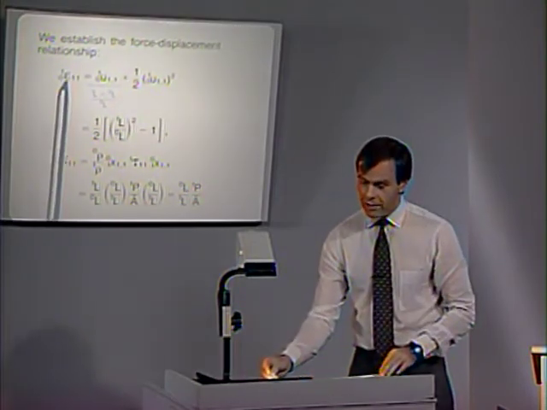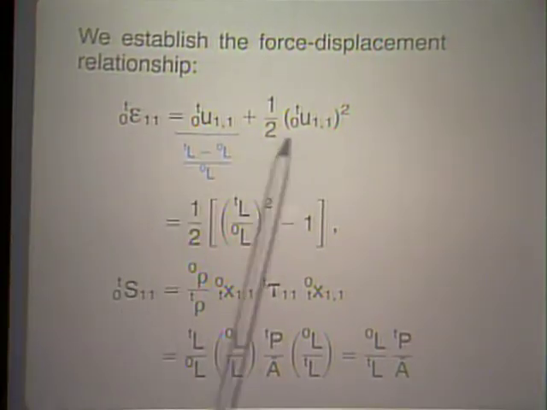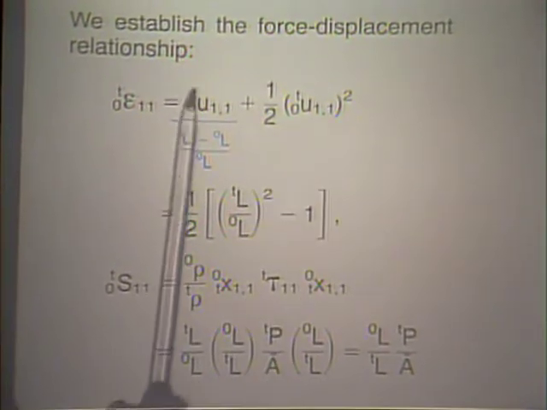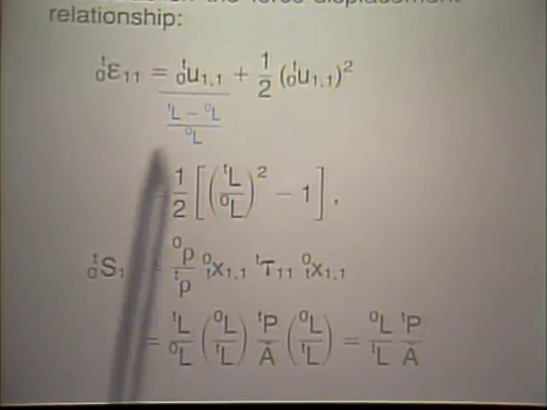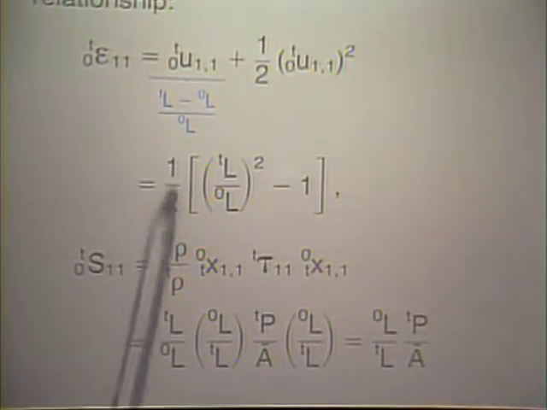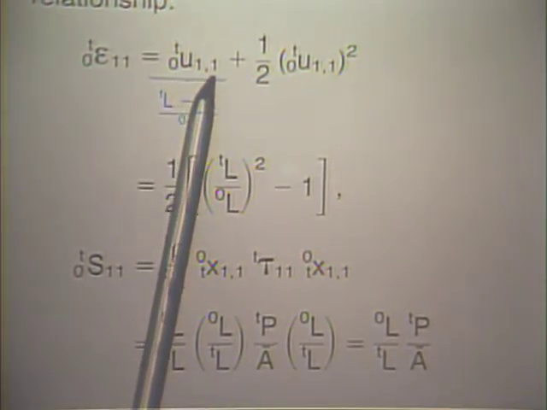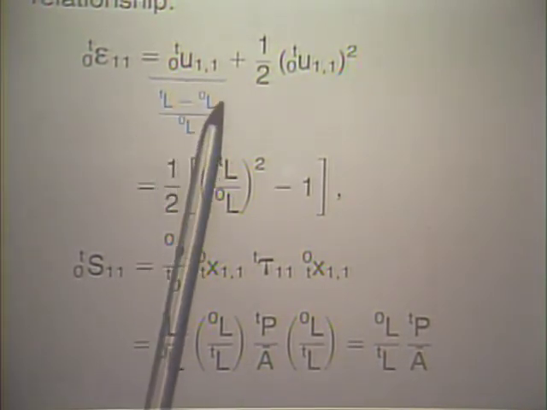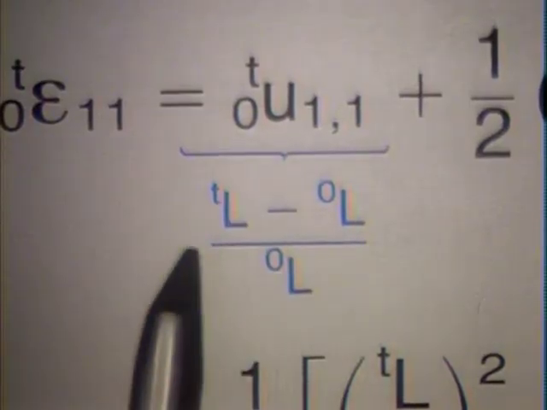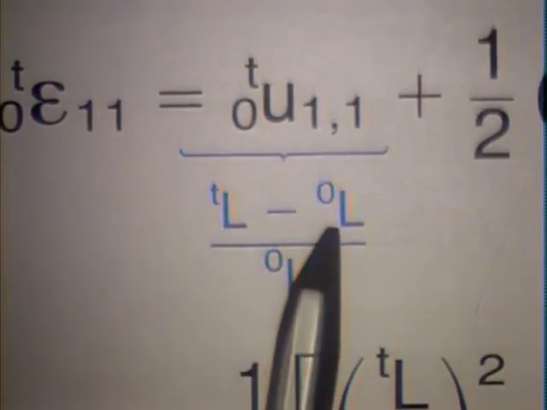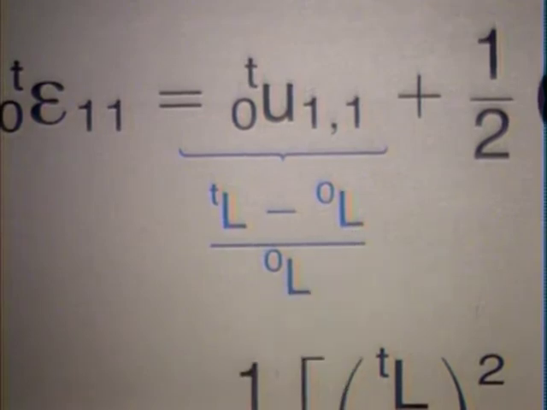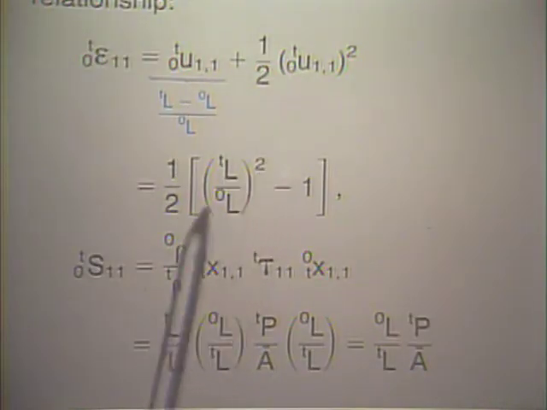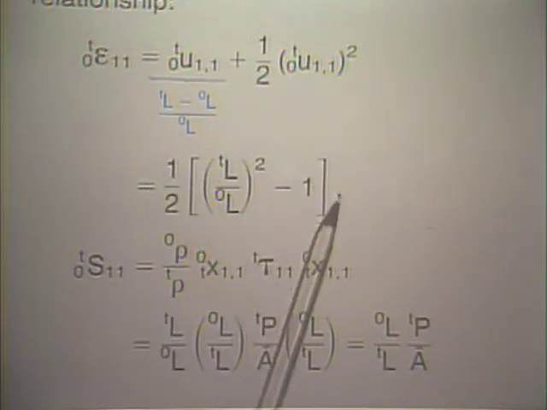Here we have the Green-Lagrange strain, and of course the right-hand side involves derivatives that we have been discussing in the previous lecture. Notice T0 U1,1 is nothing else than this relationship here, given by the current length and the original length of the bar. Substituting into here, we get directly this right-hand side.